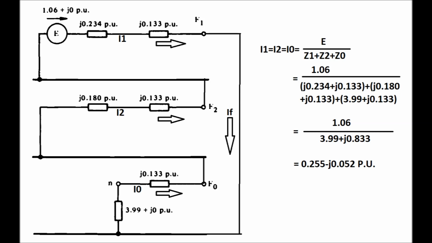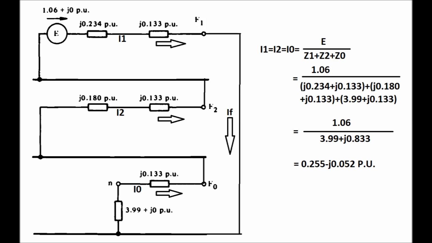The value of Z1 is the sum of the positive sequence components of the generator and the transformer, which comes as j0.234 plus j0.133 per unit. Z2 is the sum of the negative sequence components of the generator and the transformer, which is equal to j0.180 plus j0.133 per unit.